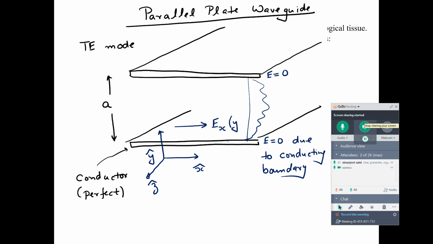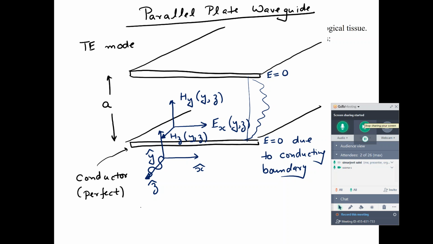We had said we want to look for a solution where, as soon as I have Ex in y, it tells me that there must be an Hz component, and there obviously would have to be an Hy component, which also varies in y. And I'm looking for a wave which is propagating in the z direction. So this has to have the argument of z.